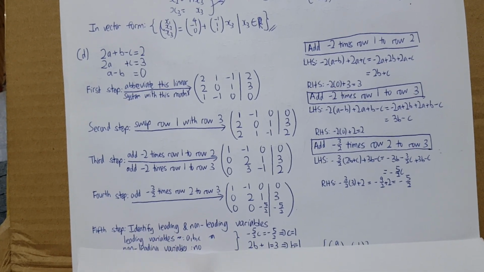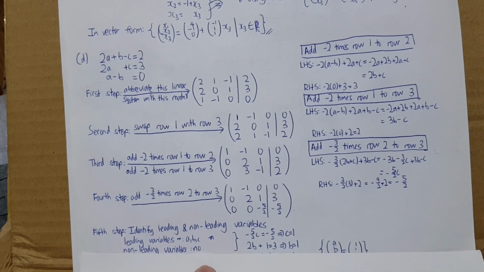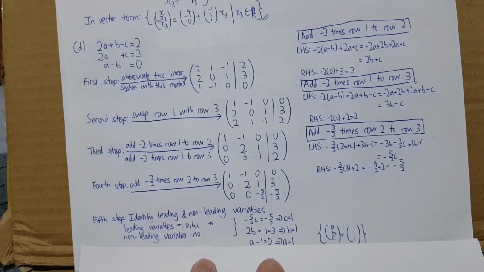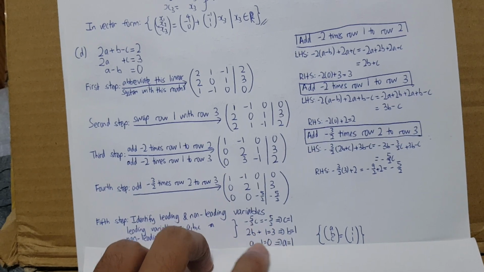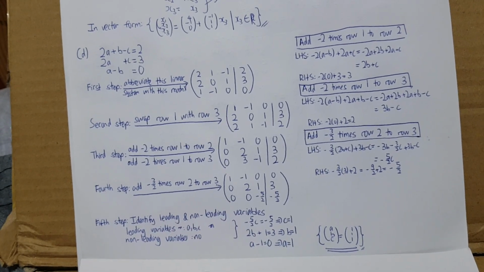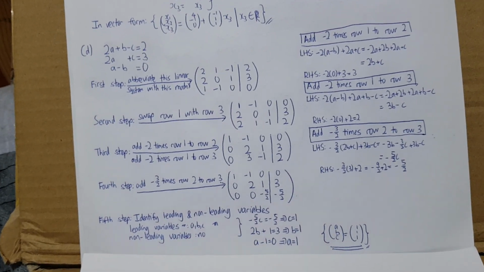We notice that there are no non-leading variables and there are leading variables. Therefore, it has a unique solution. And hence, from the third row, you get c equals 1. And from the second row, you plug it in, you get b equals 1. And from the first row, you get a equals 1. So this is how it's written: one solution set with one element.